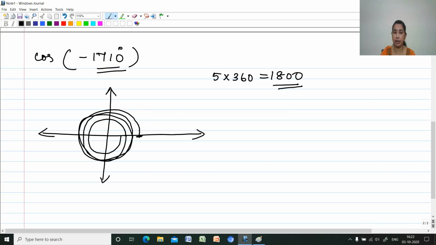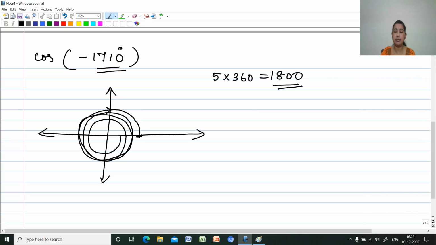It has reached only minus 1710 degree, which means a few degrees this side. How many degrees do I have to move back? What is the difference between minus 1710 and 1800? It is 90 degree difference. So it has reached only up to this.